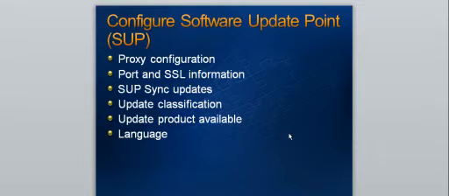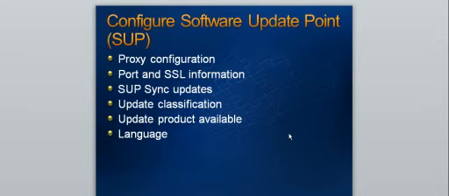Once you have configured the ports, the next thing that you need to do is configure the software update points synchronization. From here you need to specify how it's going to connect to Microsoft Update to get the Microsoft catalog and also the software updates. The options available are that you can configure an upstream SUP, or you can also specify a manual synchronization schedule.